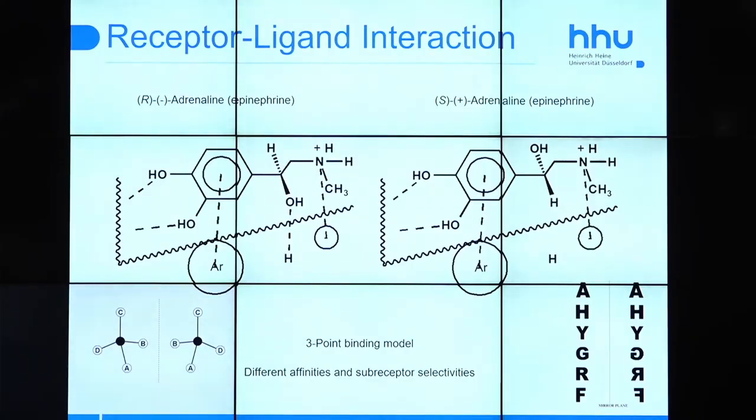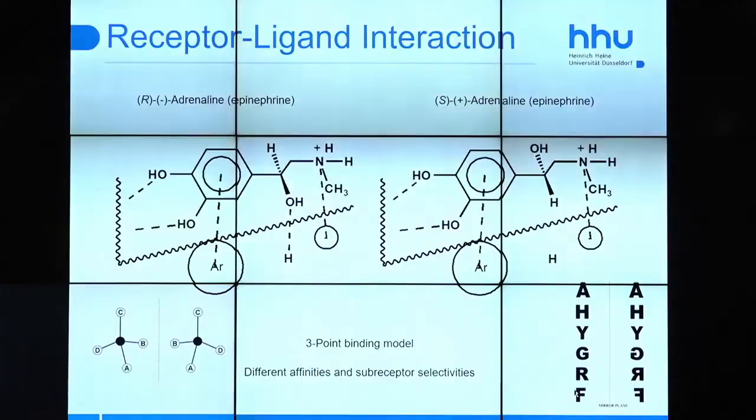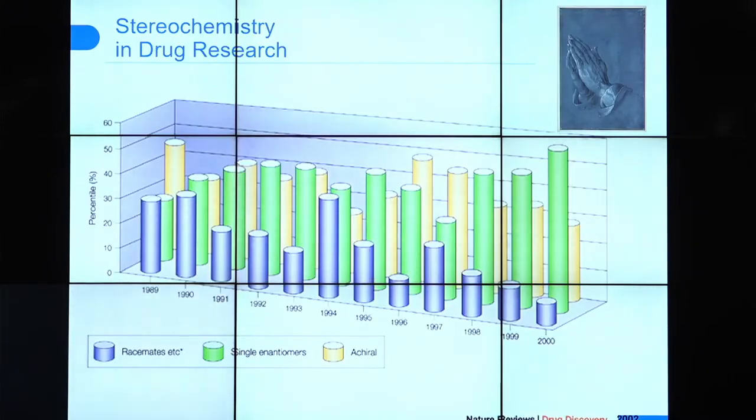And that means why sometimes it's really important to show the difference between different stereochemical properties in this way. Yeah? So you always have this 3-point binding site, and you see here sometimes with this lettering here, sometimes it makes sense to have stereochemistry, sometimes it doesn't make sense. Yeah? So sometimes you can differentiate, sometimes it's not. So like with the bioisosterism, but here you have a little bit more details in this way.